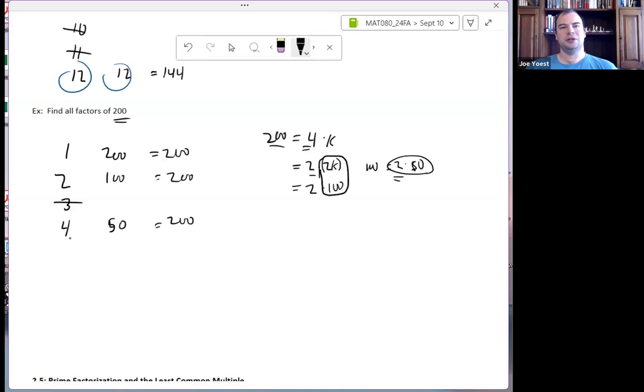And again, if you didn't want to use this shorter approach, you could have taken 200 and just done long division with 4, and you'd have got 50 that way as well. Is 200 divisible by 5? Does it end in a 5 or a 0? Yes, it does. So it is a multiple of 5. 200 is 5 times what?